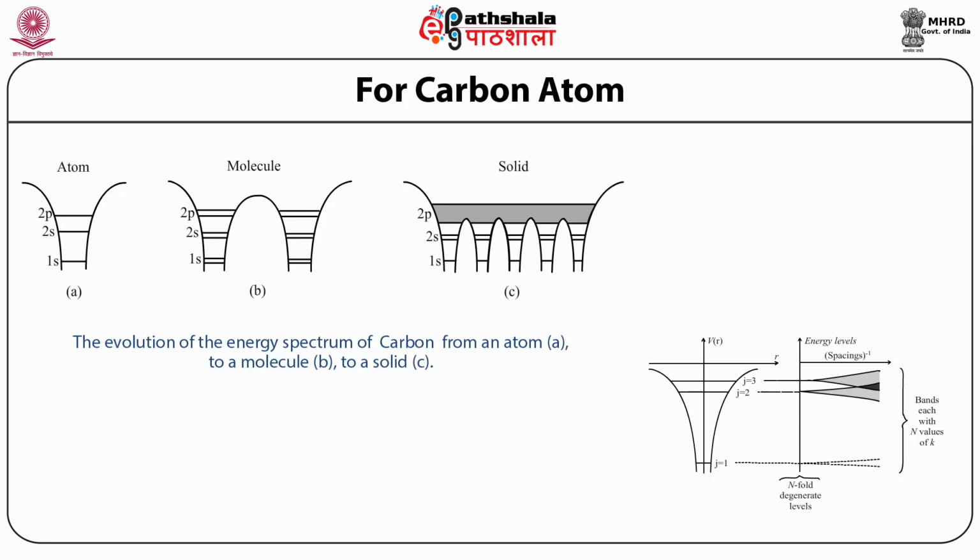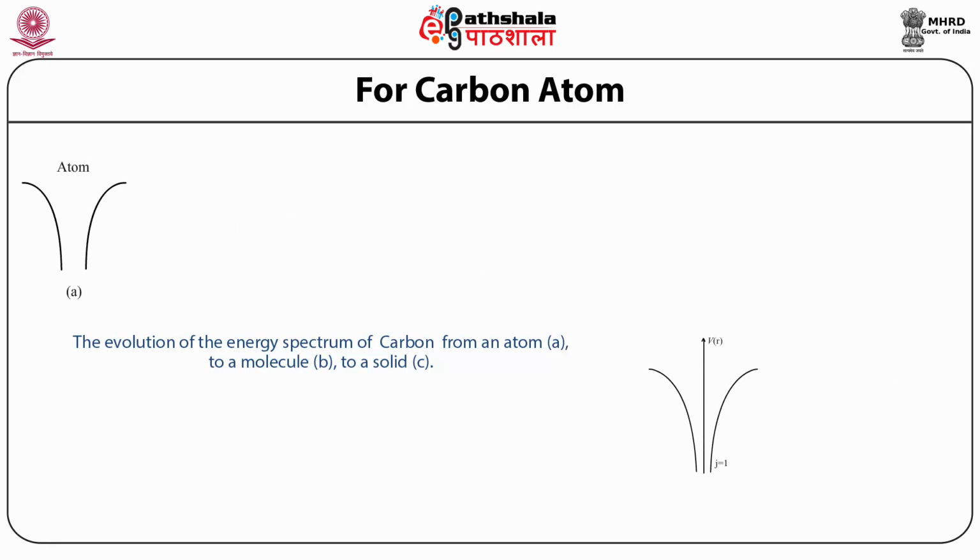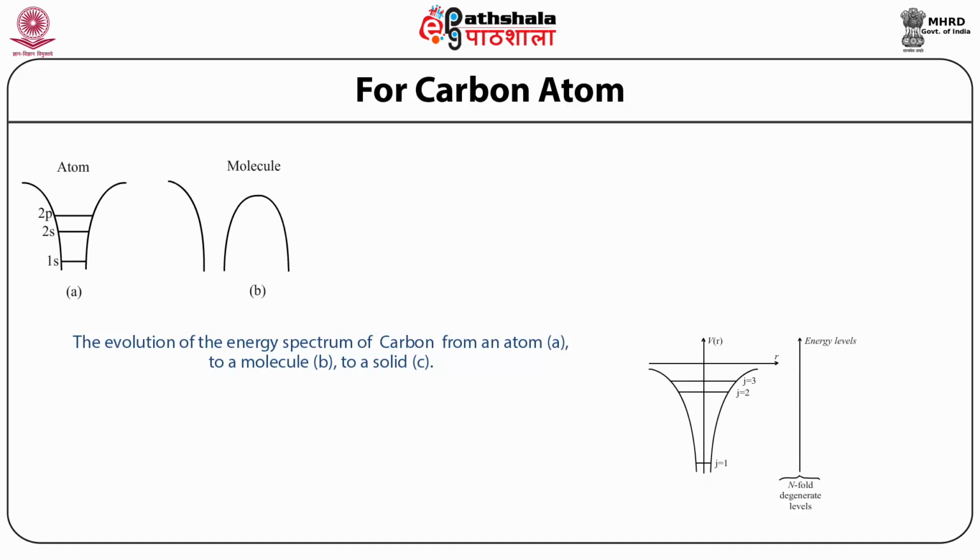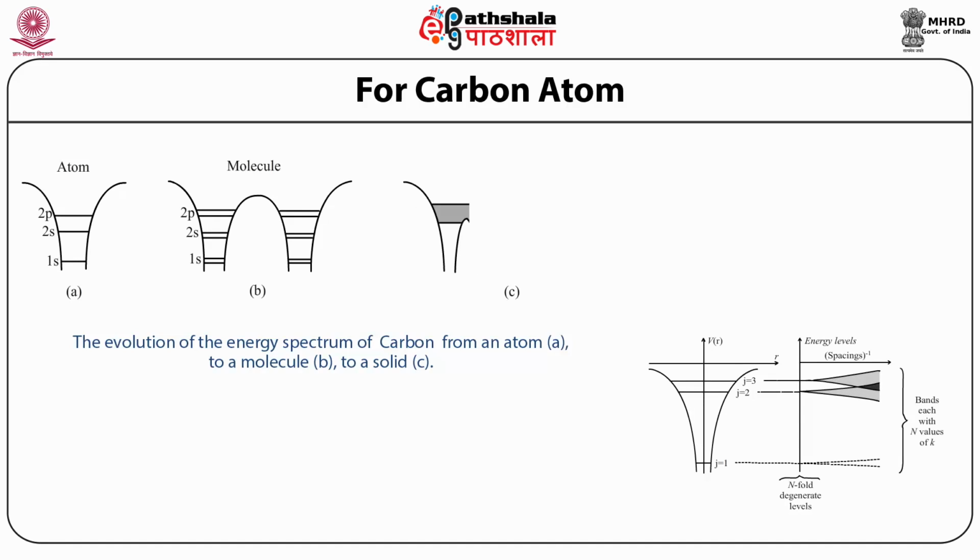If two carbon atoms are assembled to form the molecule C2 as shown in this figure, the potential seen by the electrons is now the double well.